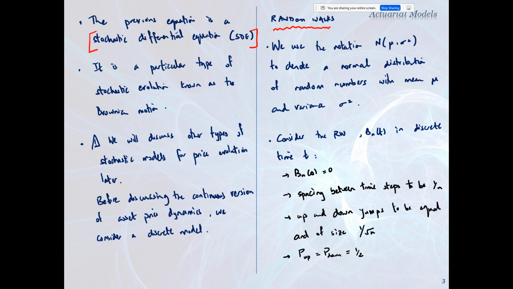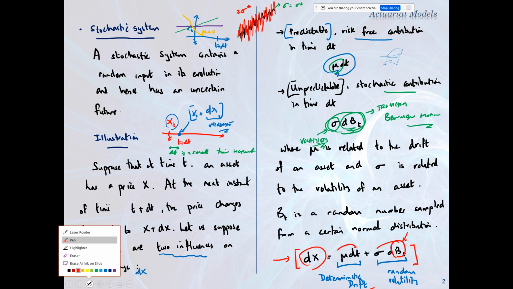So I would like to highlight that this is an example. Later on we will see a particular SDE that we will be using for stock price modeling, which will later be used for the pricing of options. So this is just an illustration, but this part is quite similar in every model.